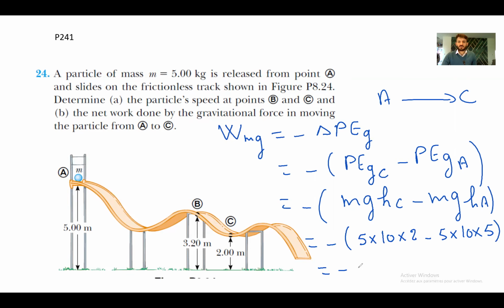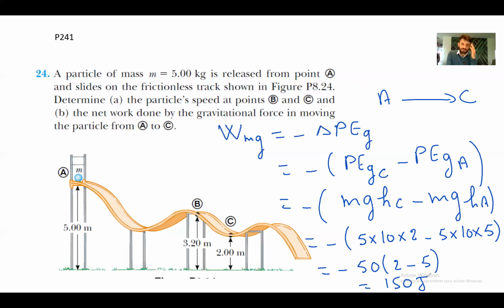We get minus 50 times 2 minus 5, so minus 50 times minus 3, we have 150. We have 150 joule. This is the answer.